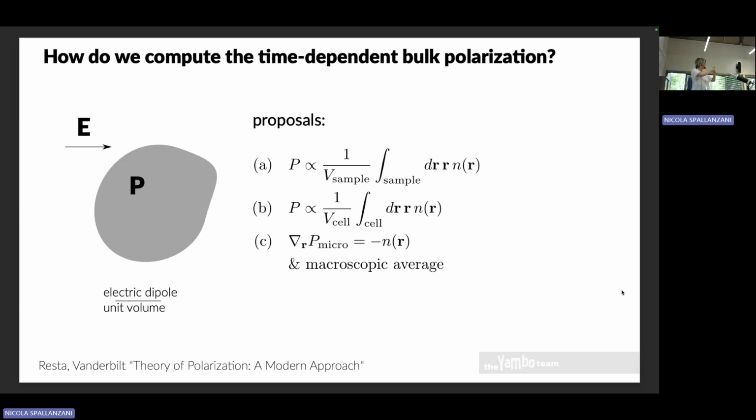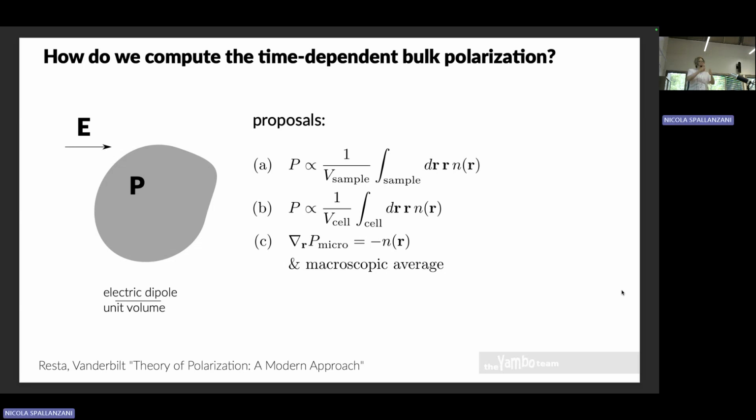You can understand this with, say, a one-dimensional ionic crystal. If you have plus minus, plus minus, plus minus, it's very easy to see that if you take the unit cell in one way, you will have polarization pointing to the right. If you take the unit cell the other way, you have it pointing to the left.